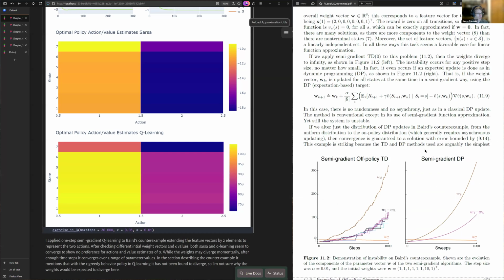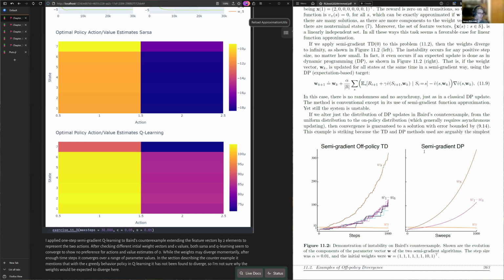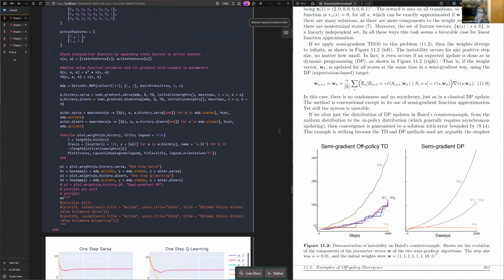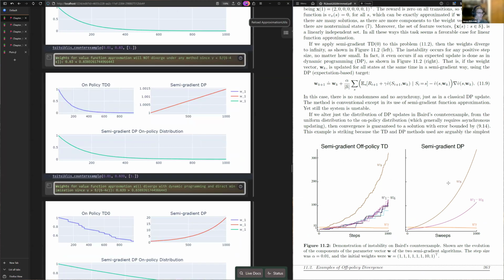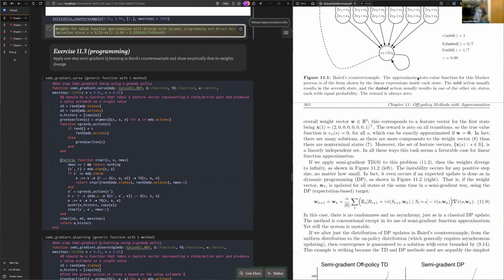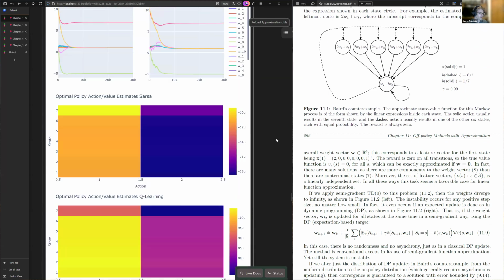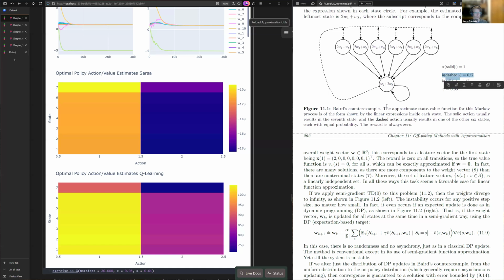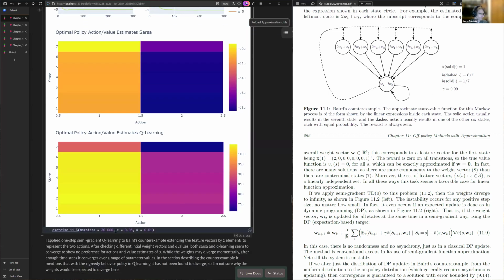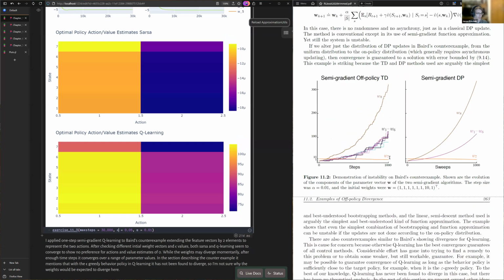So yeah, I'm not sure under what case Q-learning would break. I showed that the semi-gradient method does diverge as long as you follow this behavior policy. So I guess Q-learning should diverge if you really only follow this behavior policy. But if you do anything differently, like actually do it normally, where you use the epsilon greedy policy, then it seems to converge just fine. Maybe I could revisit this.